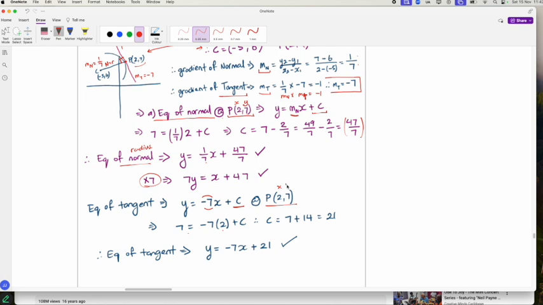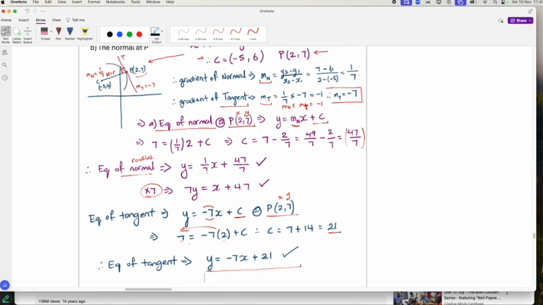This is the x value and the y value. So y, which is 7, is equal to -7 times 2 plus c. So c is going to be 7 plus 14, I throw across this, which is 21. So the equation of the tangent is y = -7x + 21.